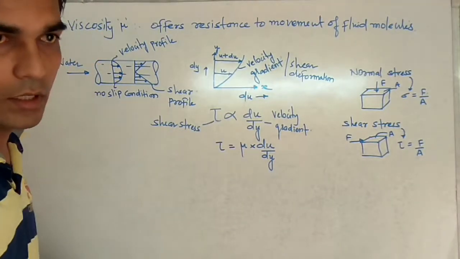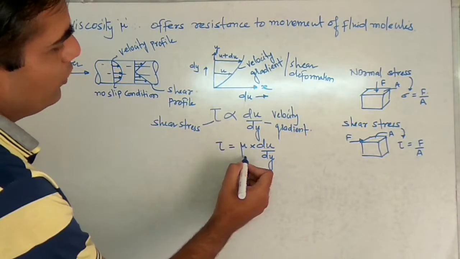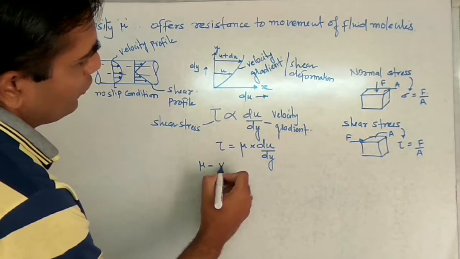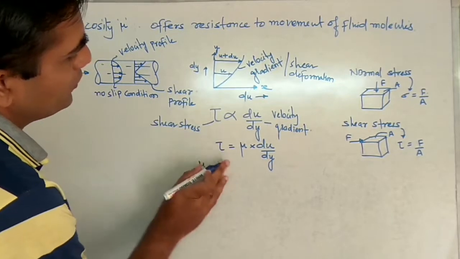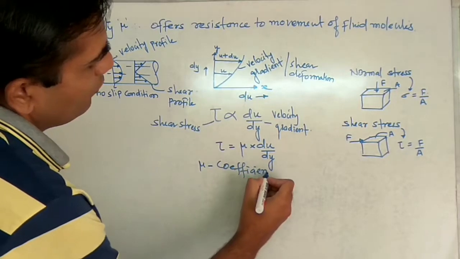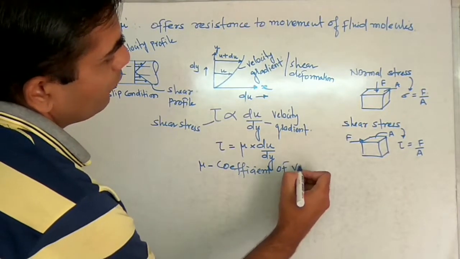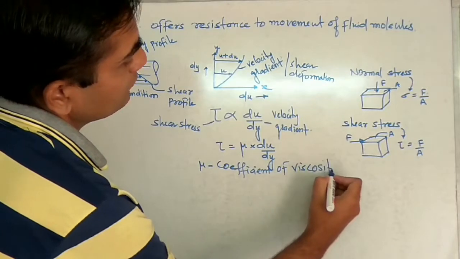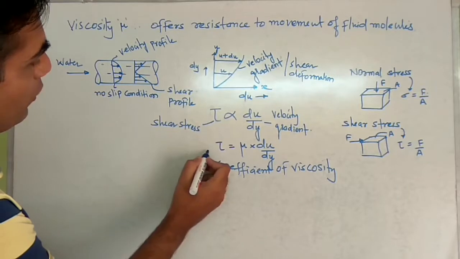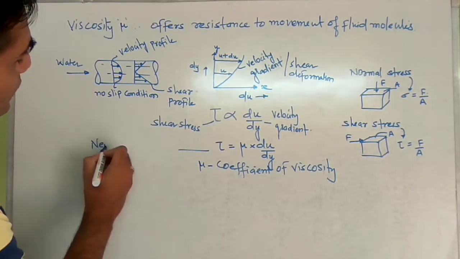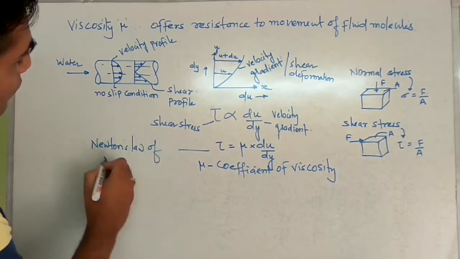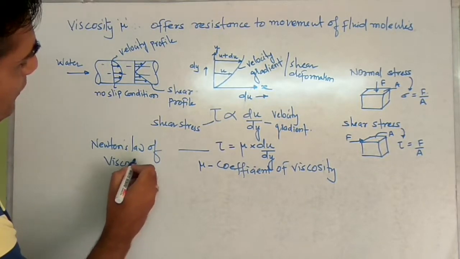Here mu is viscosity, or we may say coefficient of viscosity. This equation is also called Newton's law of viscosity.